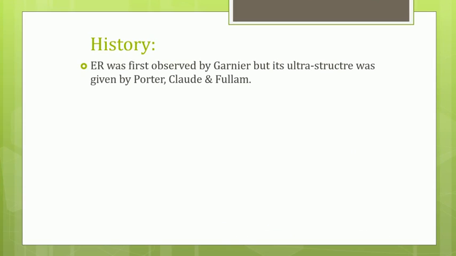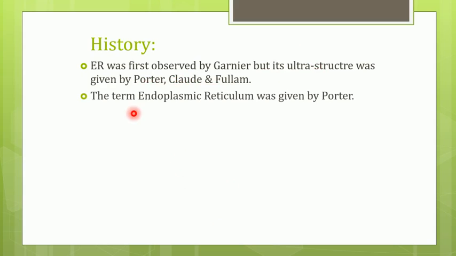This ER was first observed by the scientist Garnier. However, the detailed ultrastructure of this organelle was given by Porter, Claude and Fullam. The name endoplasmic reticulum was coined by Porter.